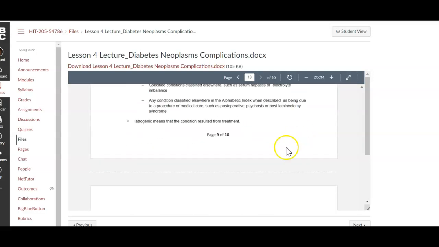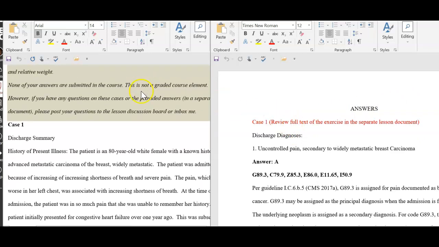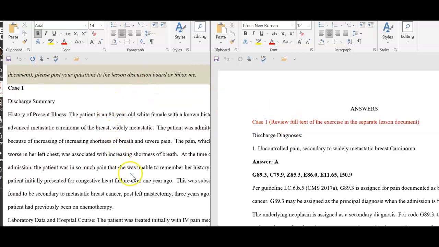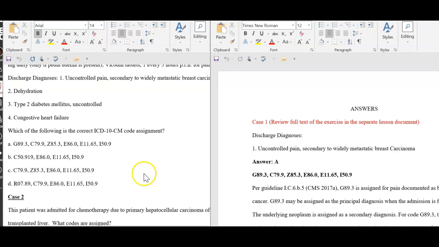Okay, so we are going to go through case 1. Make sure you read through the discharge summary. Let's go down here. Which of the following is the correct ICD-10-CM code assignment?